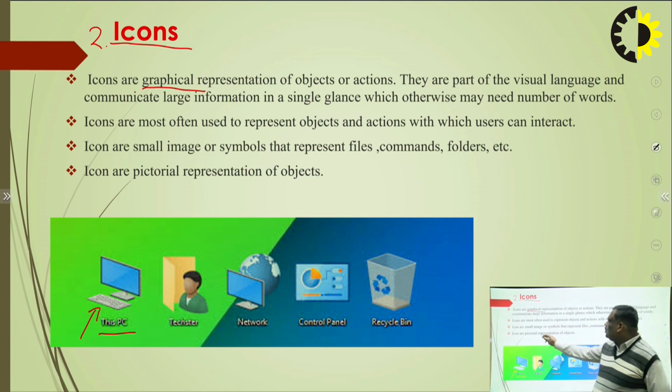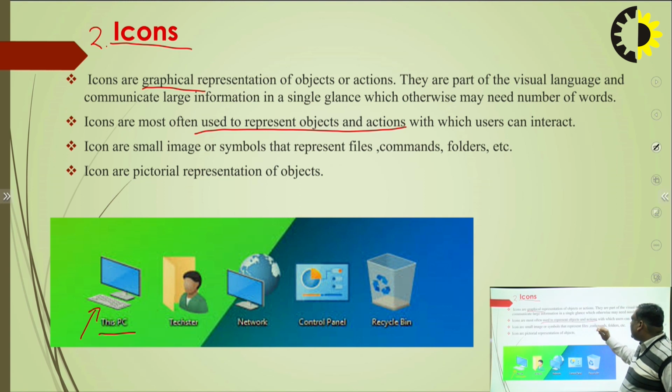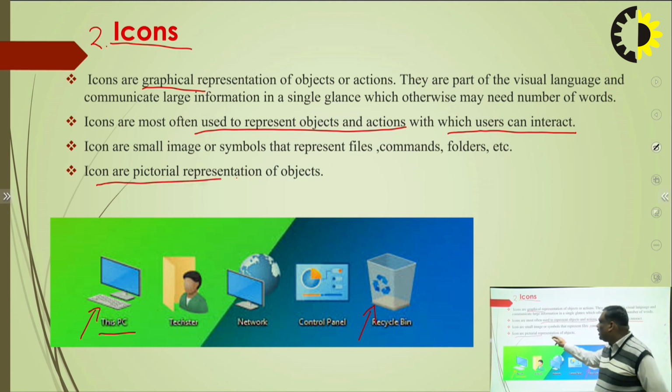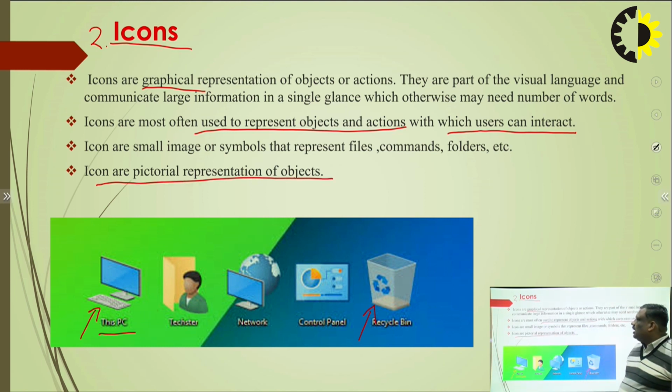So icons are most often used to represent the objects and actions with which the user can interact. So through the image, the user can interact with the system. Again, icons are pictorial representations of objects. So this one is a small-sized symbol to represent a file, folder, commands, etc.